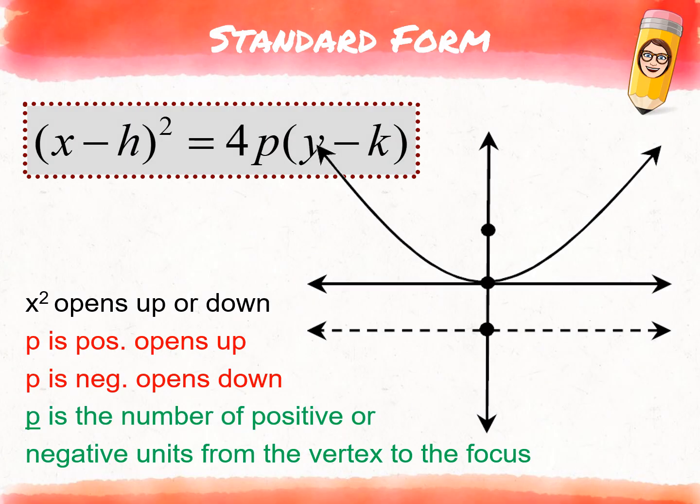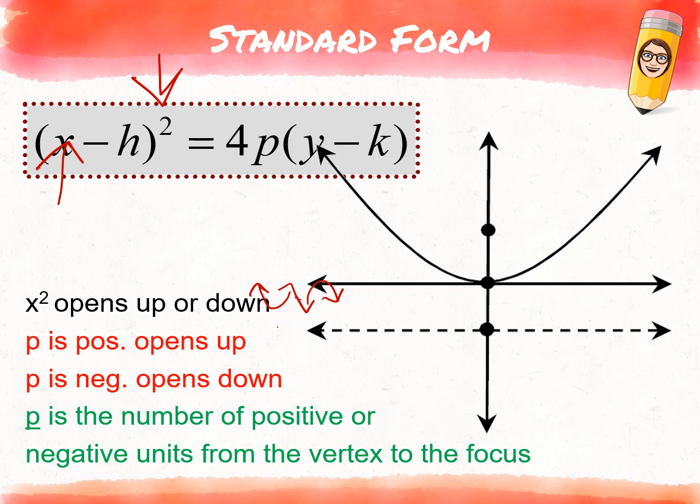So in our notes, let's jot down the standard form for a parabola. If you need to pause to do this, please do so. When we're talking about standard form of a parabola, we have one value that's squared. If the x is squared, then it's like all the parabolas we know: it opens up or opens down.